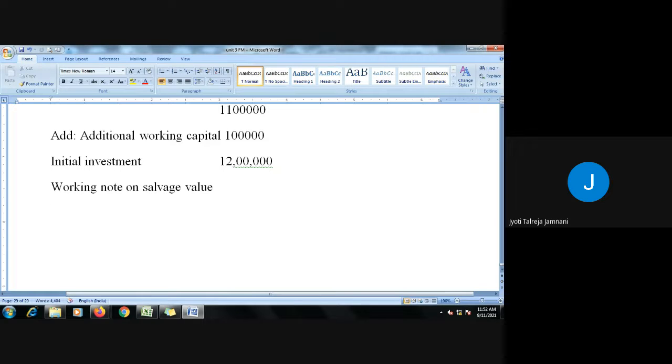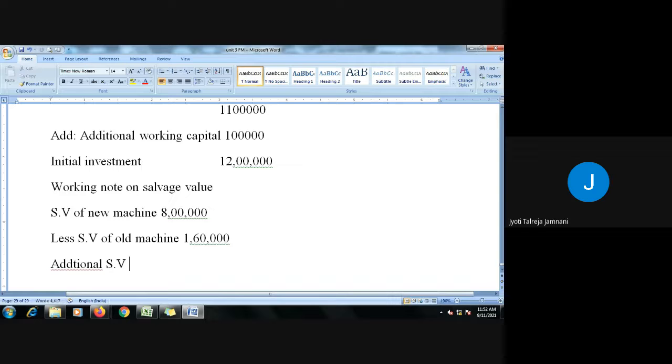Working note on salvage value: salvage value of new machine 8 lakh, less salvage value of old machine 1 lakh 60,000.